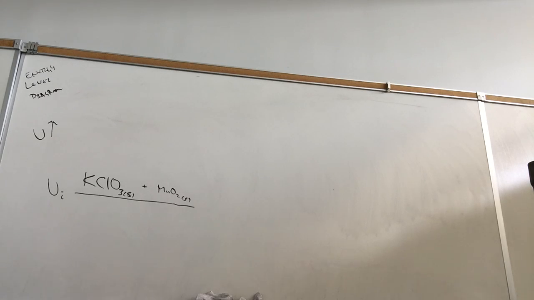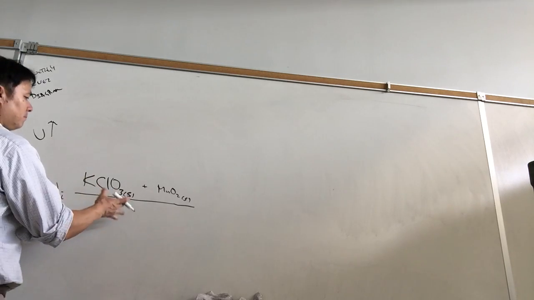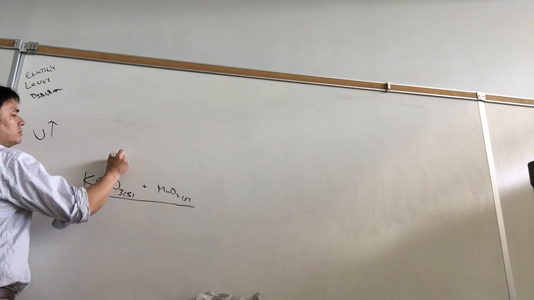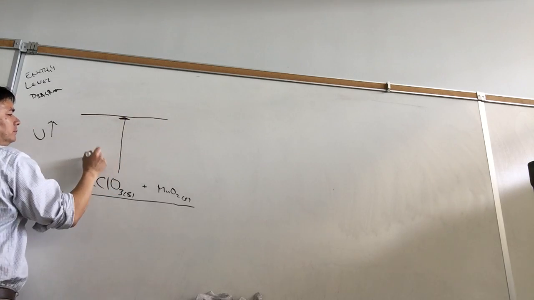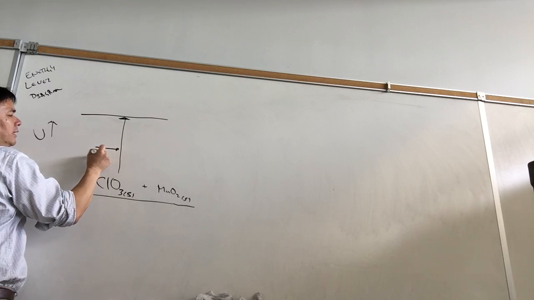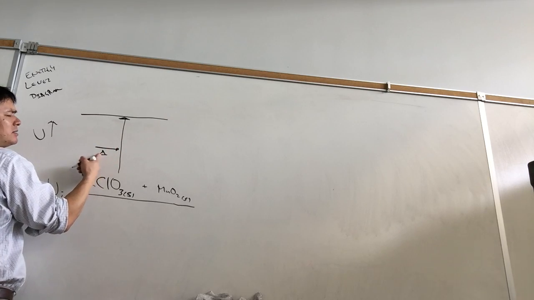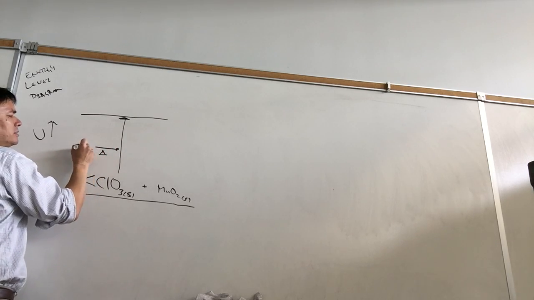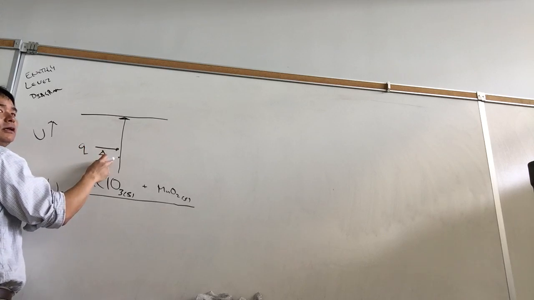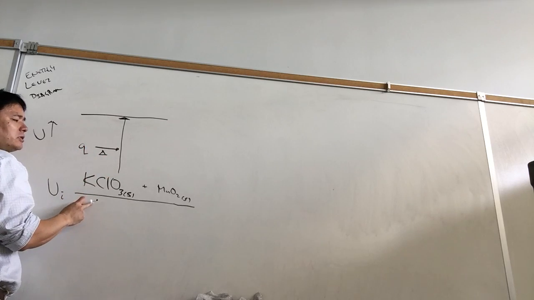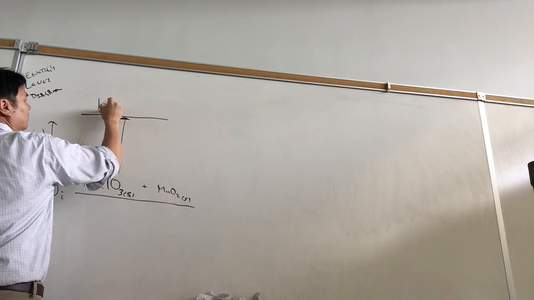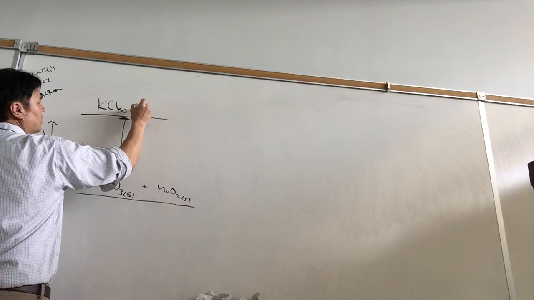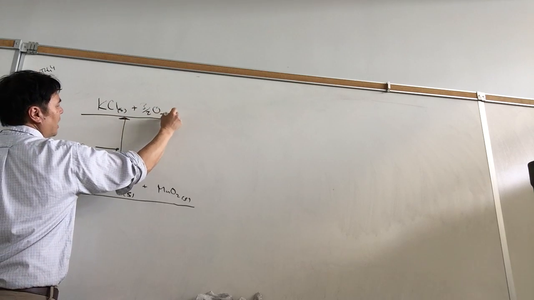Then we heat this up to get it to decompose, so we add heat to it. Heat is given the symbol Q, or energy. Energy is being added, and it's going to decompose into KCl solid plus 3/2 O2 gas.